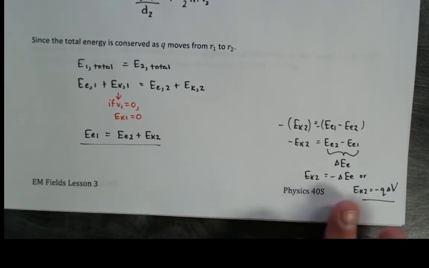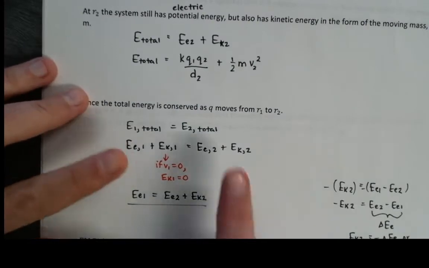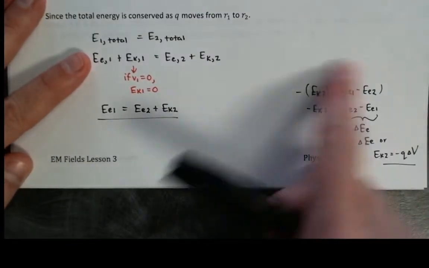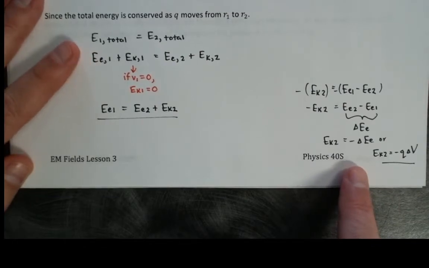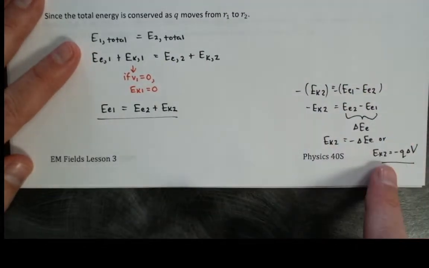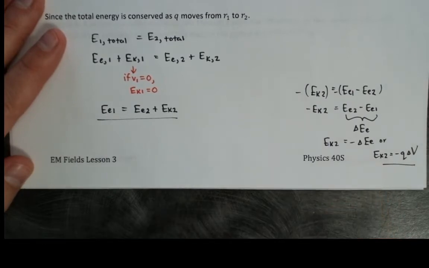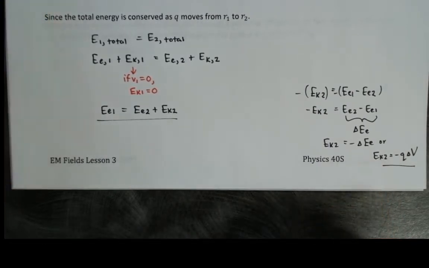This specifically is not on your formula sheet, and as long as you started with this, you could absolutely do this without having to memorize it, but this kind of manipulation of the formula will come in handy for us, especially if we're trying to find a final speed in these problems.